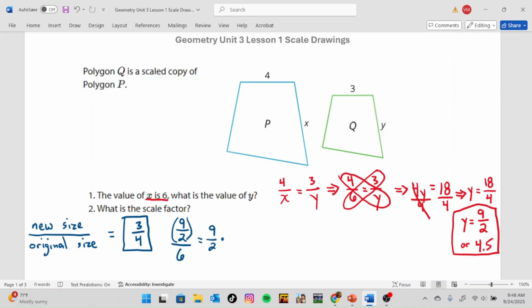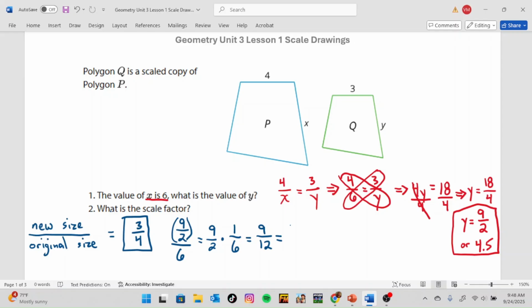So instead of dividing by 6, I'm multiplying by 1 over 6. 9 times 1 is 9. 2 times 6 is 12. This is not yet simplified because 9 and 12 can both be divided by 3.